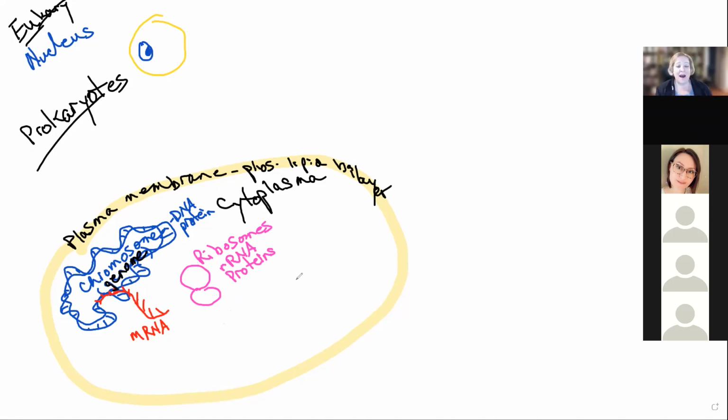Okay. All right. So the third one, tRNAs. Let's put tRNAs over here. They're the transfer. And what do they transfer? Amino acids to the ribosome. Very good. Yes, exactly.